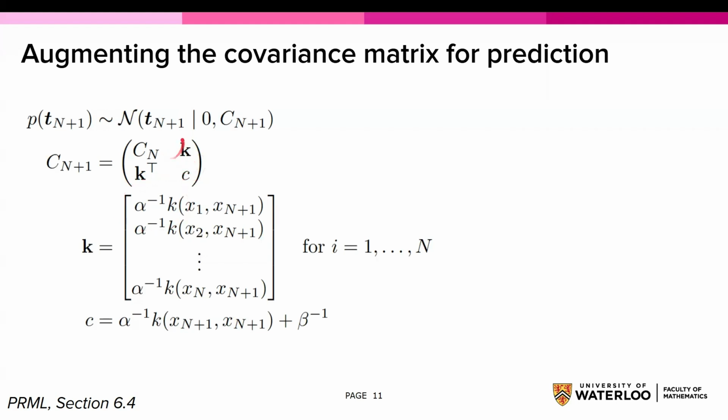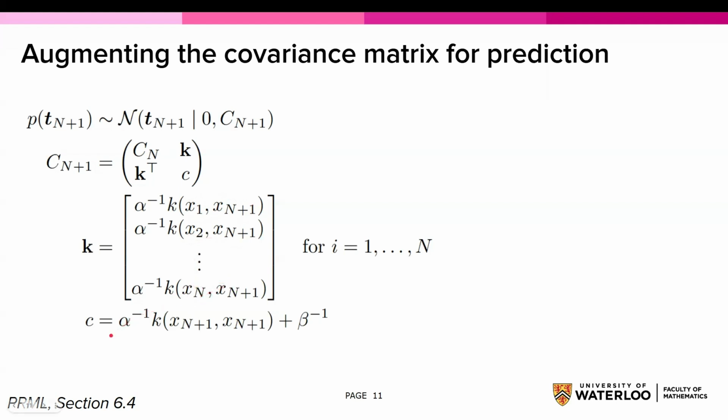A bit more about these extra components. The vector k is a column vector that captures the pairwise interactions between the new test point x of n+1 and each of the training points: x of 1 and x of n+1, x of 2 and x of n+1, and so forth.